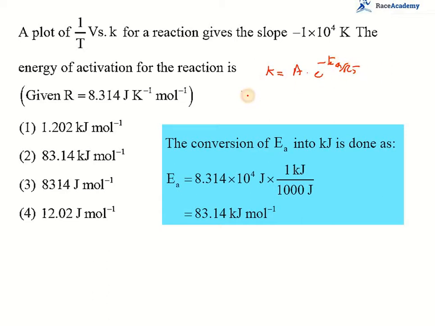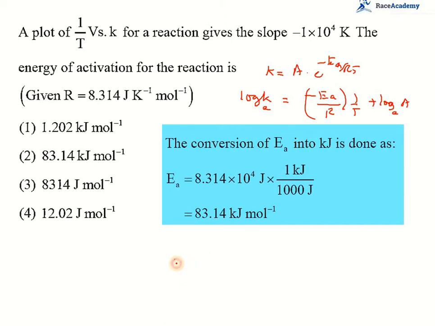In this, if you take log k, that will become minus Ea by R into 1/T plus log A. So in this type of reaction, a negative slope is there.